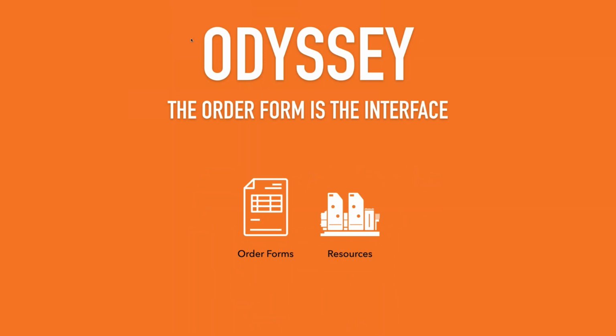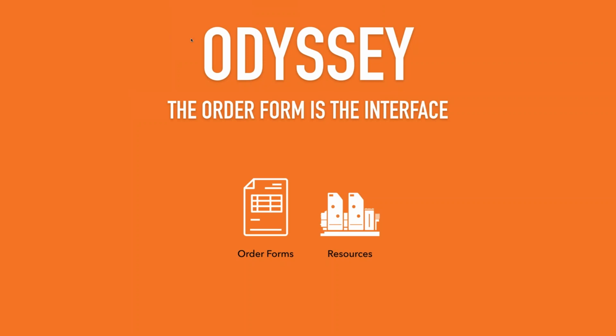So here's where we're starting, and we're going to take a look at the order form as the interface. What I mean when I say that is the order form is the interface to your production facility, to the people that are doing the work in the trenches at your shop. The questions that your print buyers are answering drive the resources that you use at your printing firm.